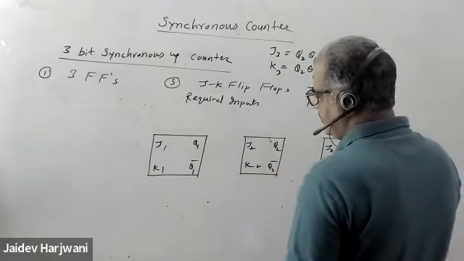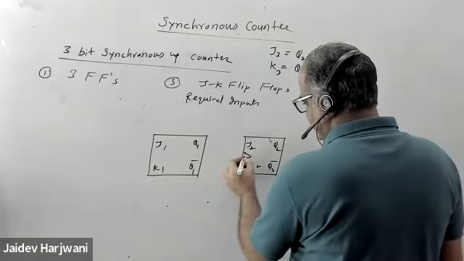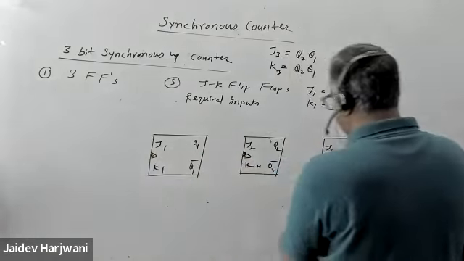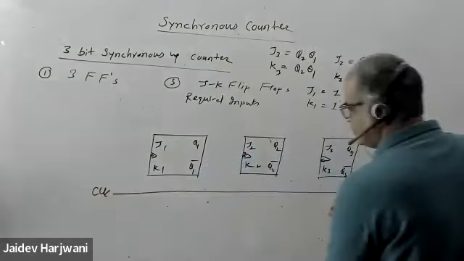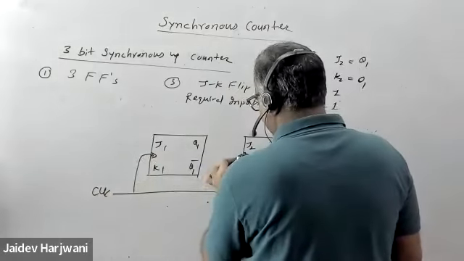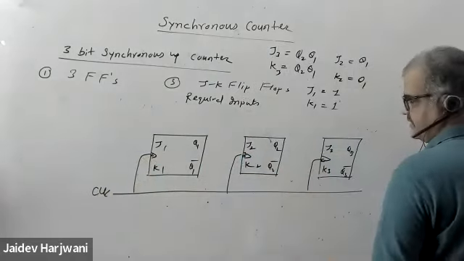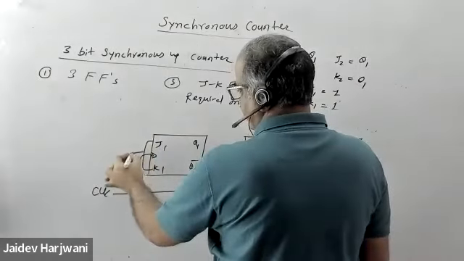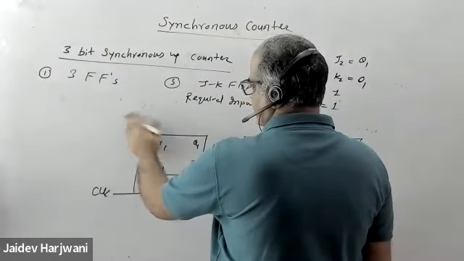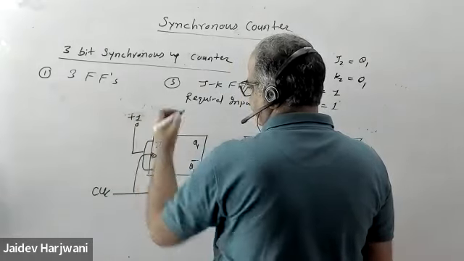Now this is a synchronous counter, so the clock will be the same for all. This is my clock, connected to all simultaneously. Now J1 and K1 are the same, the value is 1.